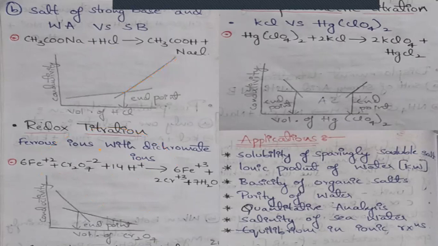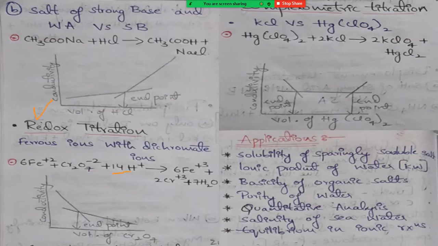So what happens when we have acidic medium? Only then will these two reactants react with each other and form products. If acidic medium is not available, there is no reaction between these oxidizing and reducing agents. That's why acid medium plays a crucial role in redox titrations.